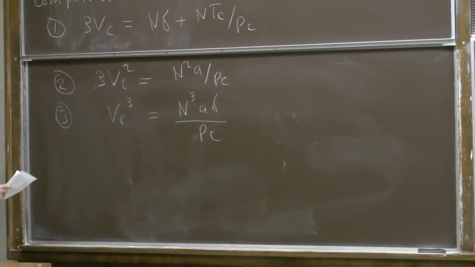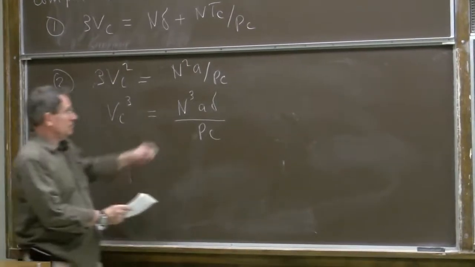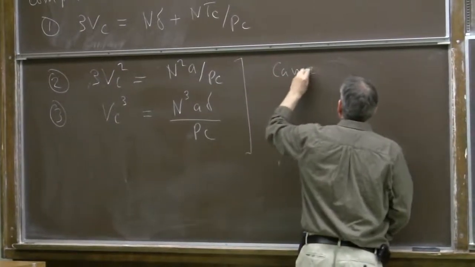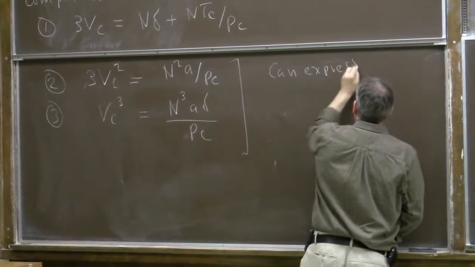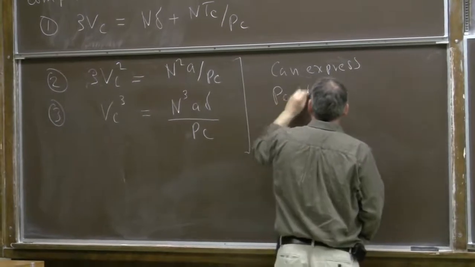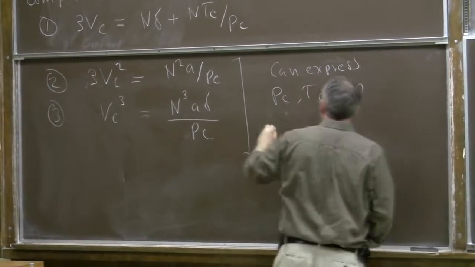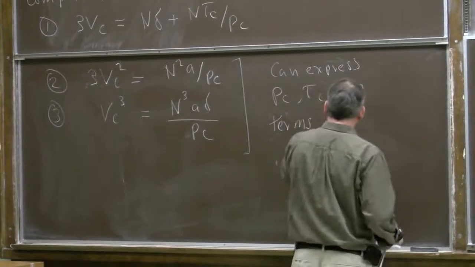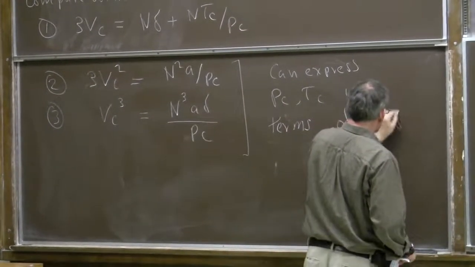And now I can use these equations to express the critical pressure and the critical temperature in terms of the parameters of the van der Waals equation, a and b.